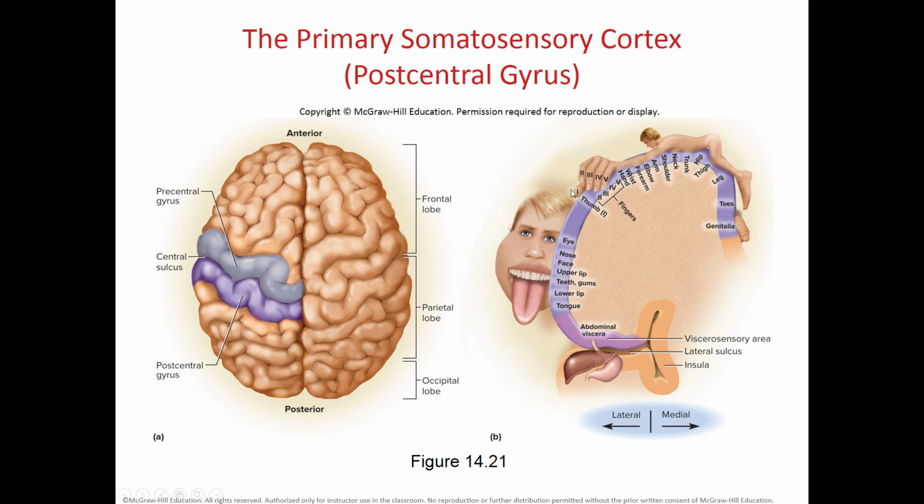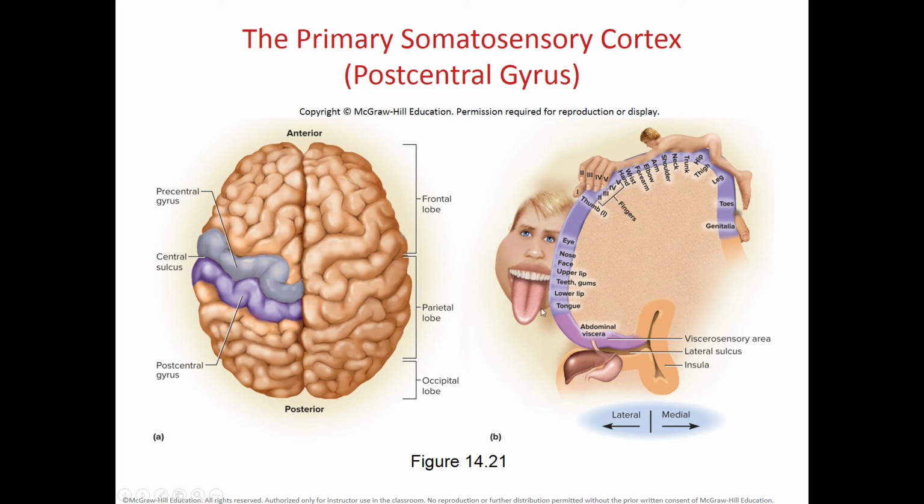Similarly to the motor homunculus, this is the sensory homunculus, where different regions receive sensory information from different parts of the body. And again, look at the distortion of the different regions of the body. So we have big hands and big fingers because we receive a lot of sensory information.